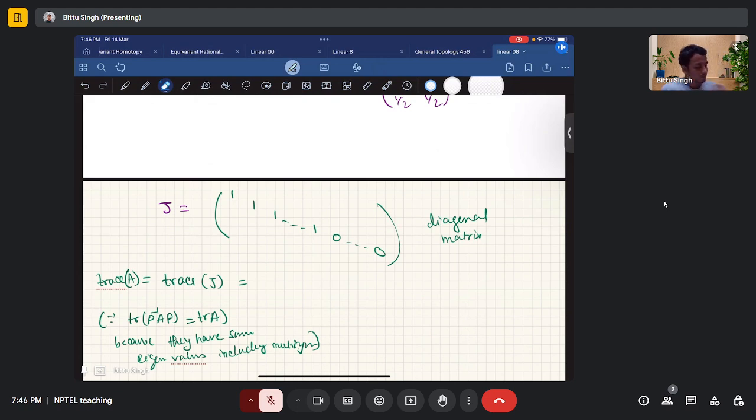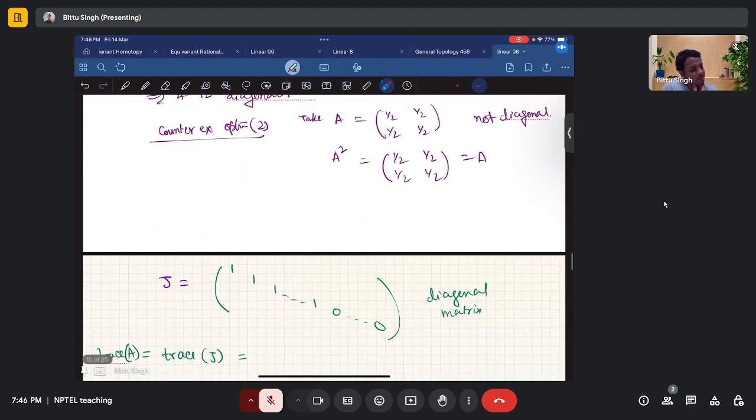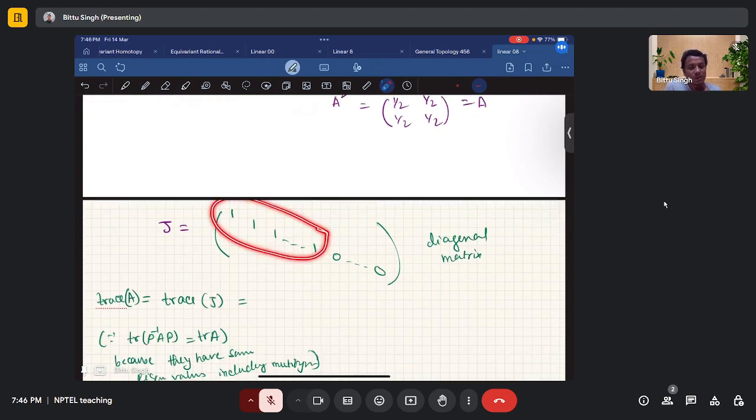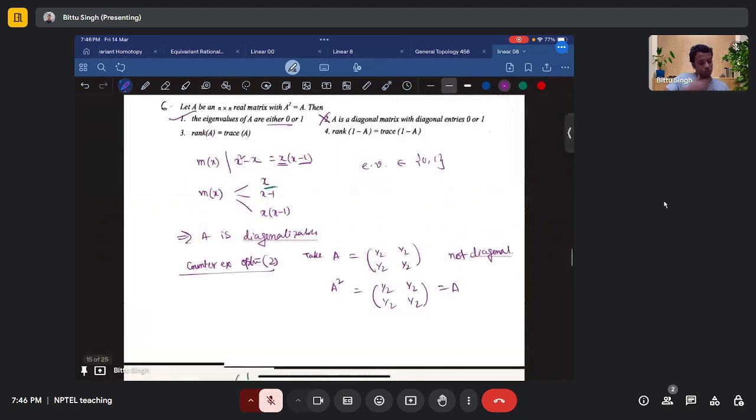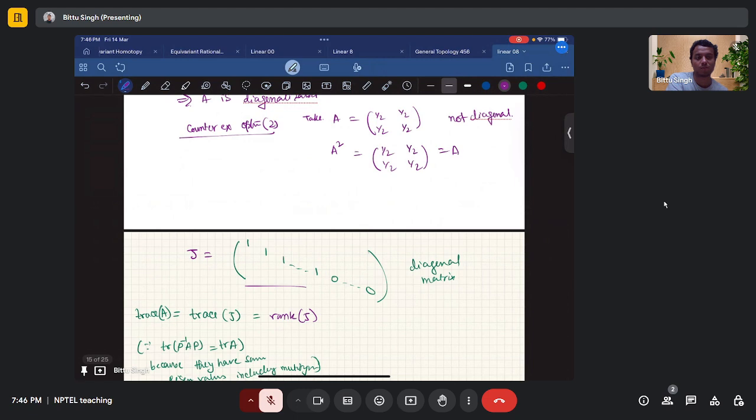Trace of A and trace of J are the same, and trace of J is the same as the number of ones that appear in the Jordan form, right? But this is the same as the rank of J. So I should mention the fact that rank can be directly obtained from the Jordan canonical form.